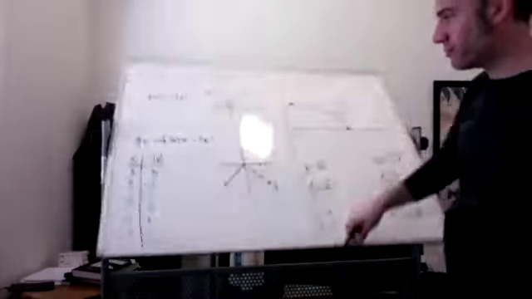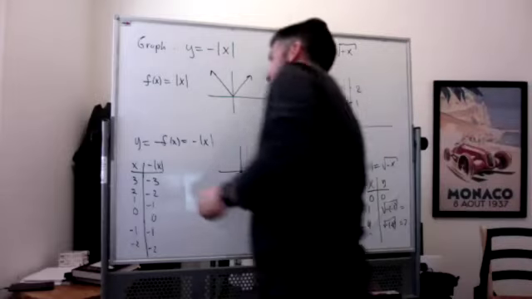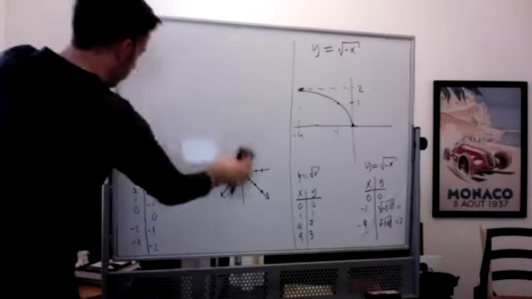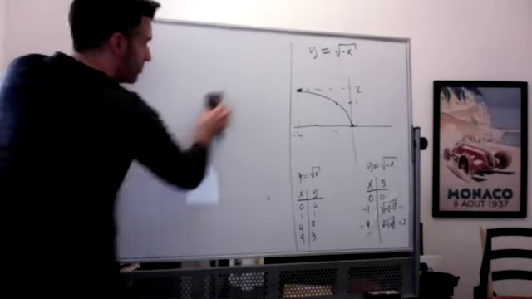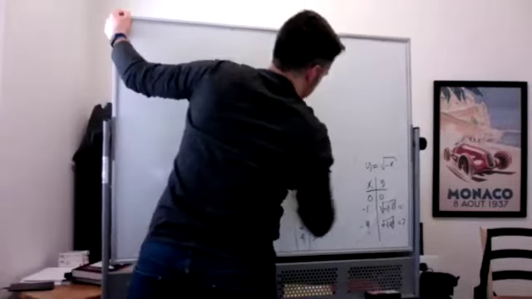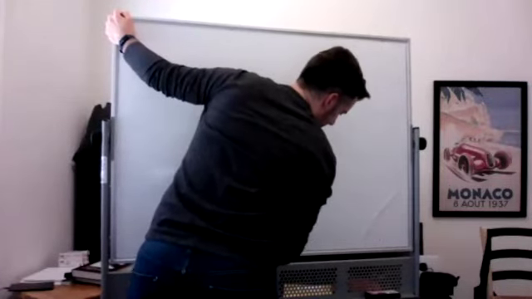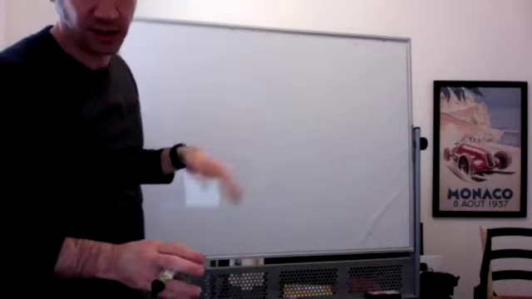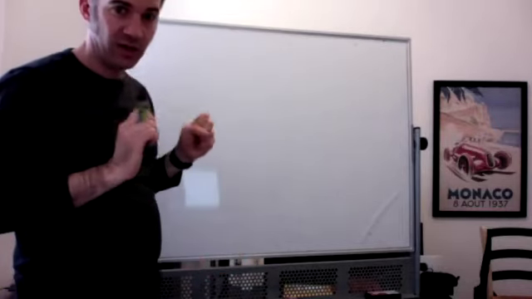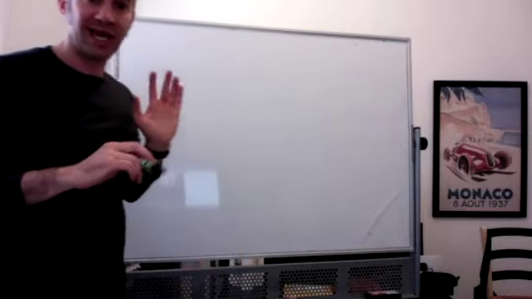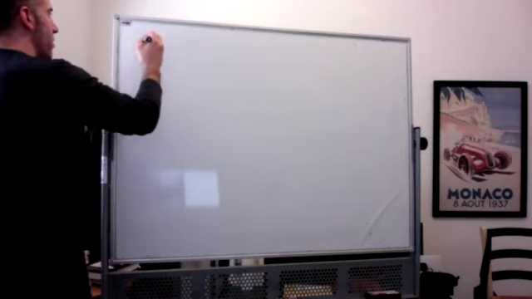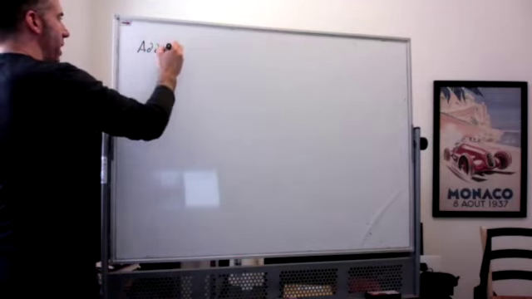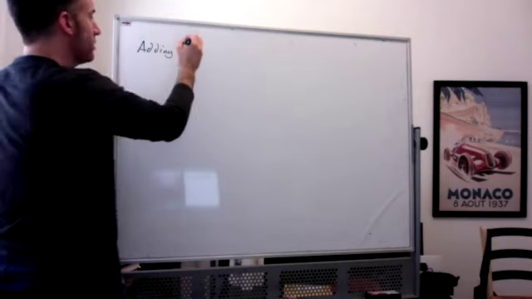Okay, what if we do something inside the function? I will also point out that aside from the reflections, the other inside the function things can be somewhat counterintuitive. So let's say we're adding a number inside the function.